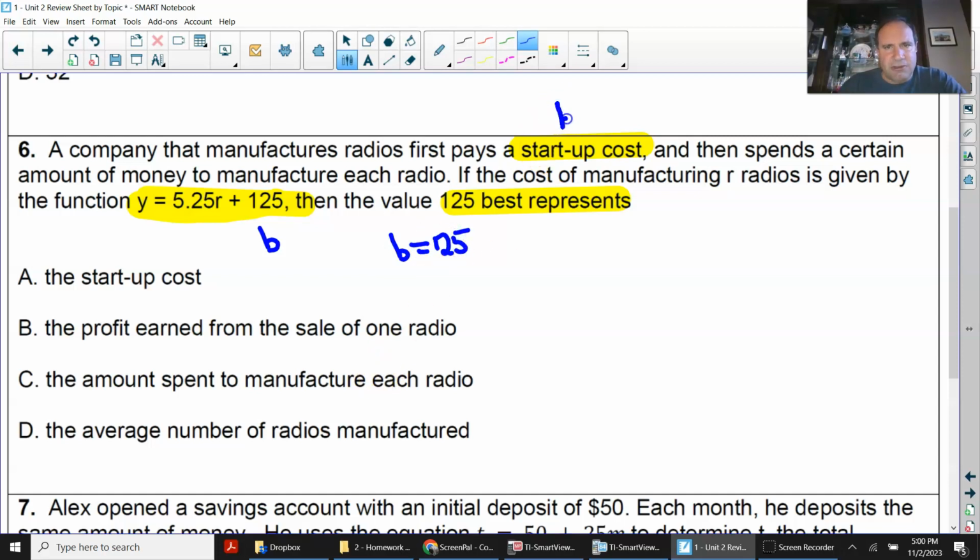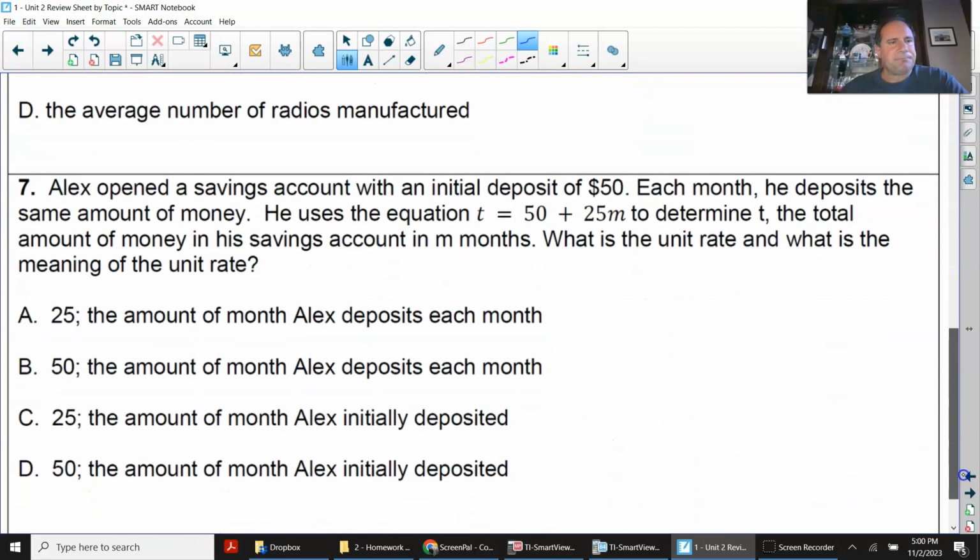So that's the startup cost. It's not the profit earned from the sale of one radio. It's not the amount spent to manufacture each radio. That's 525. It's not the average number of radios manufactured. It's the startup cost. So that is your B, and that is your answer.